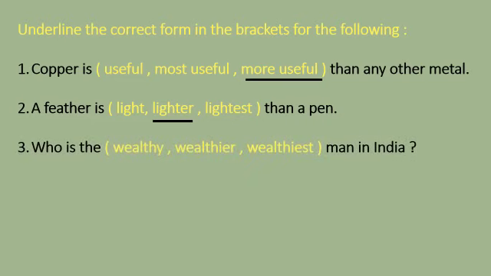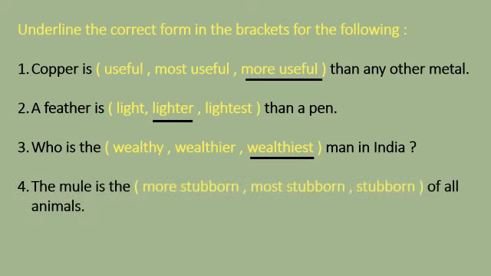Who is the wealthy, wealthier, wealthiest man in India? The correct answer is wealthiest. Who is the wealthiest man in India? The mule is the more stubborn, most stubborn, stubborn of all animals.